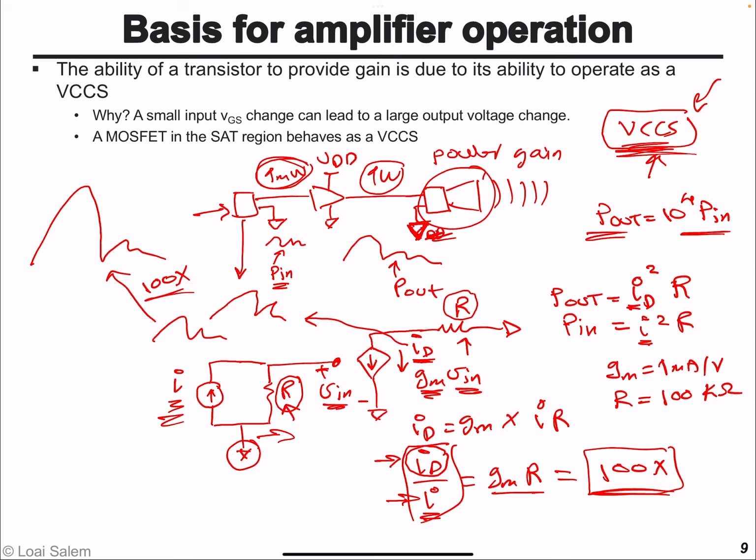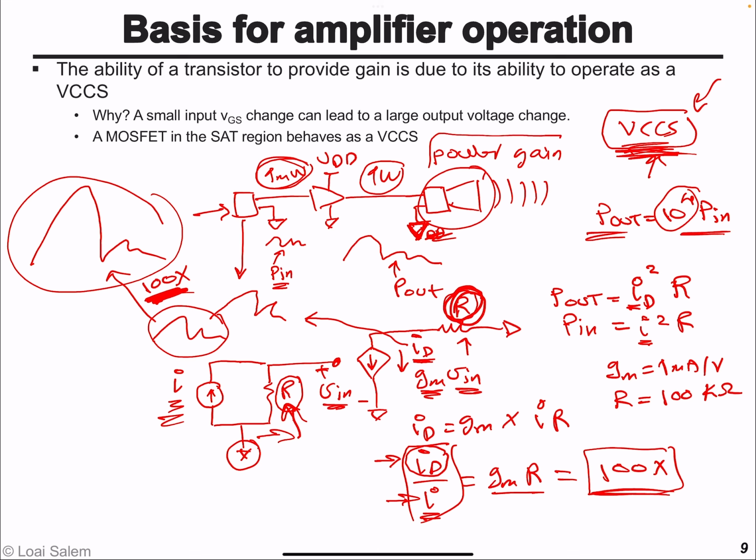The whole secret is that the voltage controlled current source produces an identical replica of the input current signal, amplified in magnitude 100 times. If we assume the loudspeaker equivalent resistance is equal to the output resistance of the microphone, then the output power will be 10 to the power 4 times the input power.